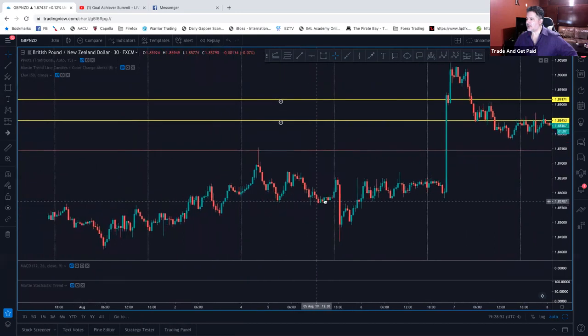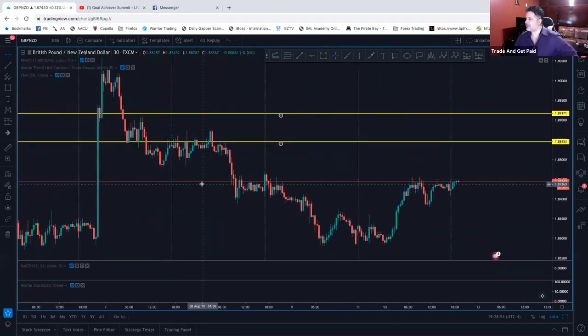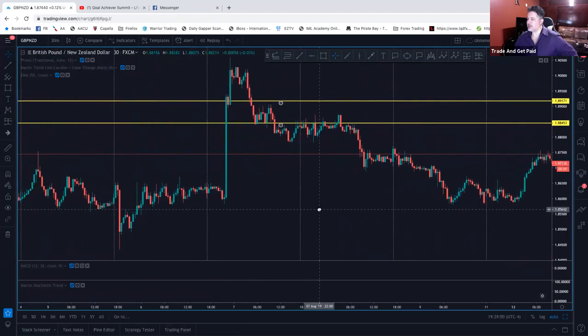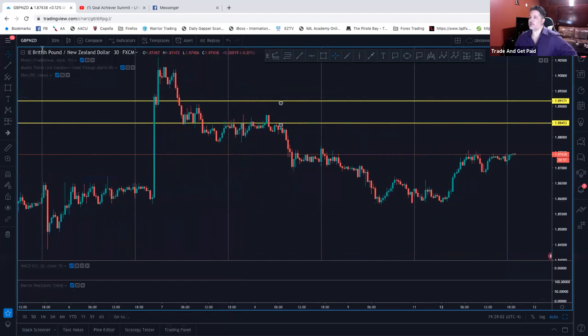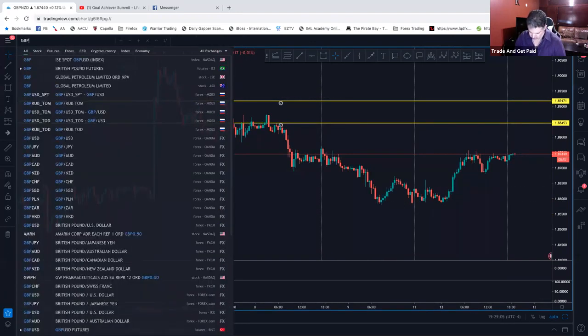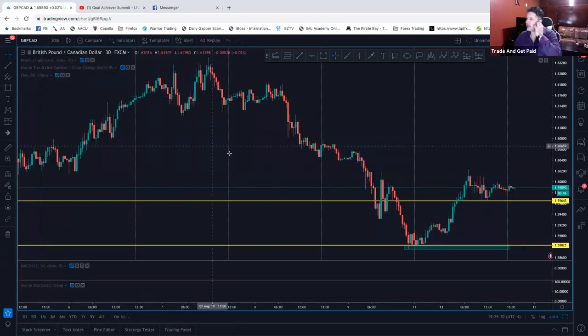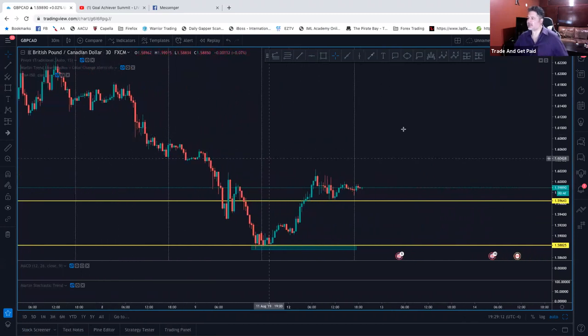I thought I had drawn it out. I think I have it on my MT4, but I don't have it here. Okay, so let's go back. What was that? GBPCAD. Okay.